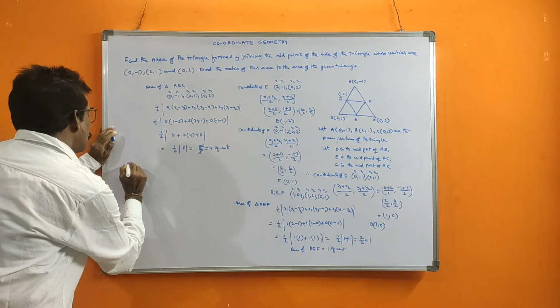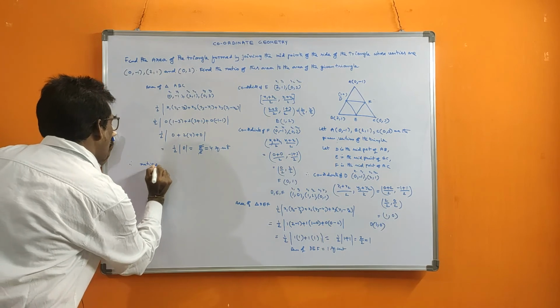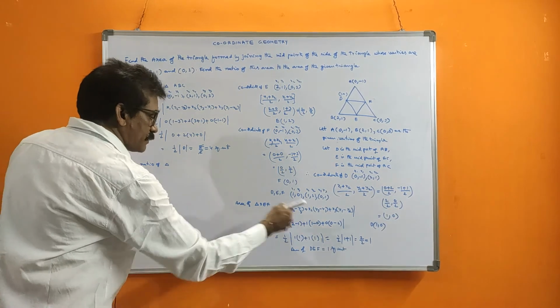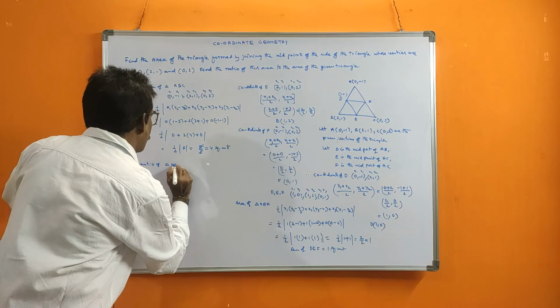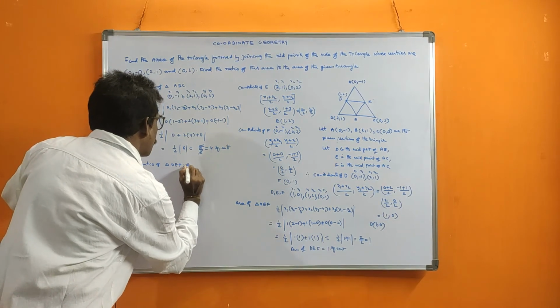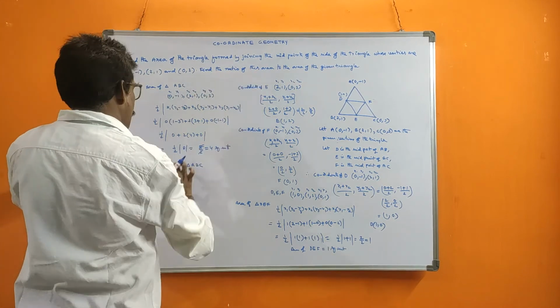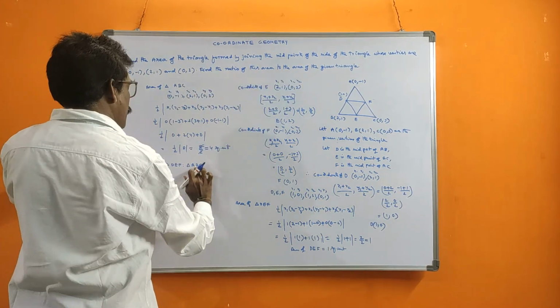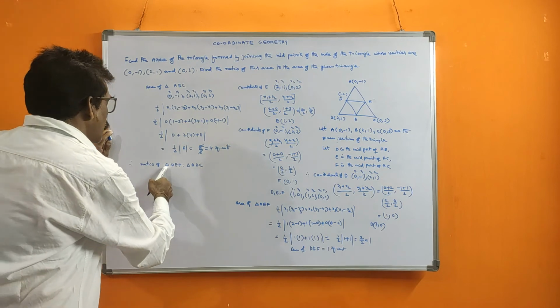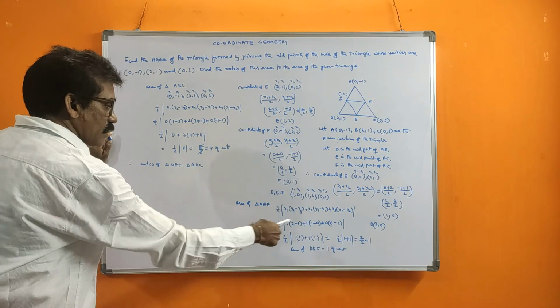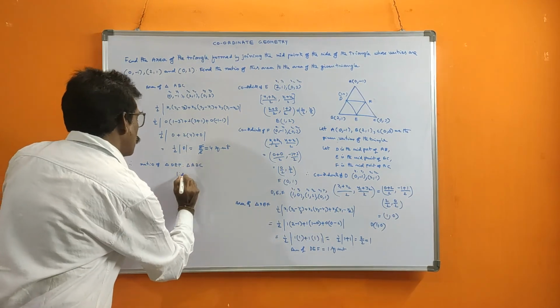So now the ratio of triangle, which area, DEF is to triangle ABC we want. So find the ratio of this area to the area of the given triangle ABC. Now you write triangle DEF is what? 1 now, is to 4.